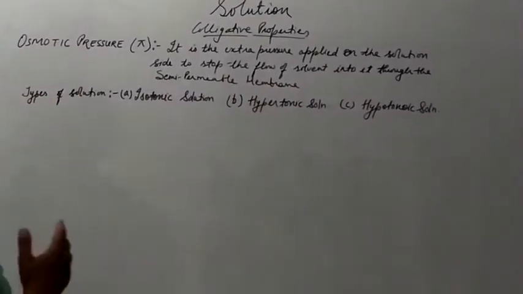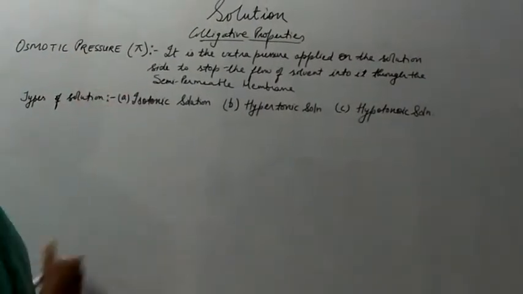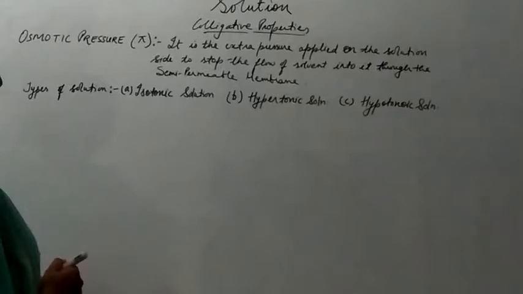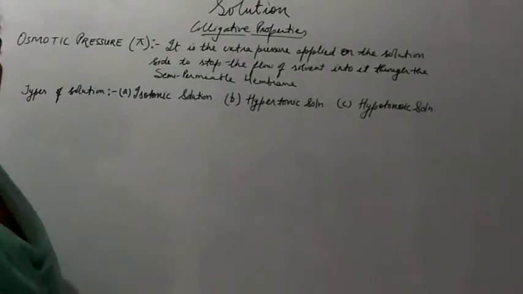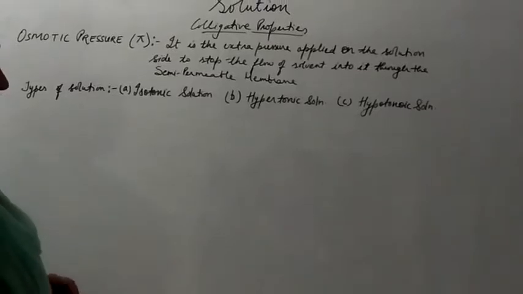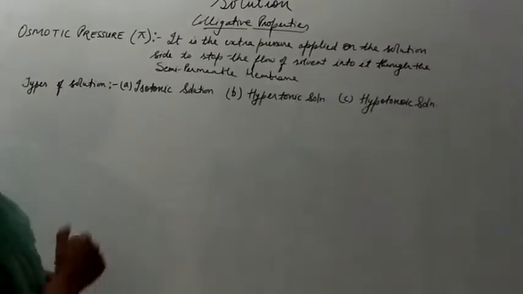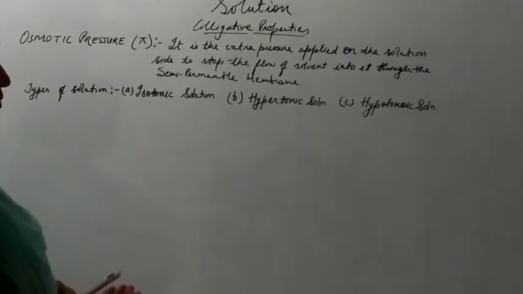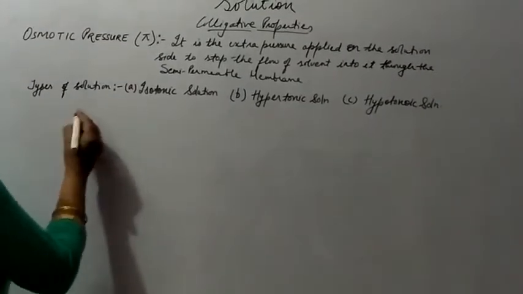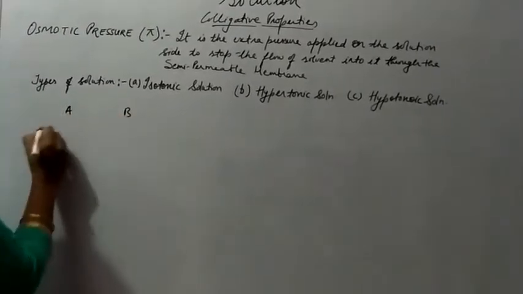Now the solution, we can divide the solution into three types depending upon the osmotic pressure, right? We have got different solutions. Now the different solutions have got different osmotic pressure. So the flow of the solvent will be from the lower concentration to the higher concentration. It means that, okay, so we have got the solutions, let it be A and B, right?